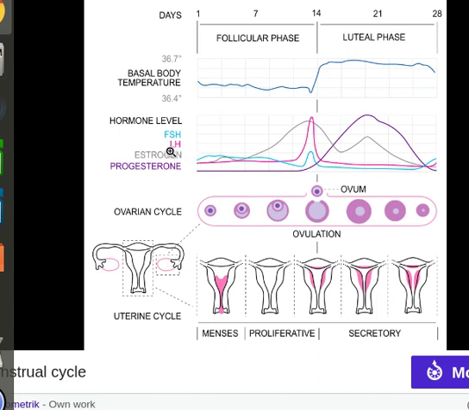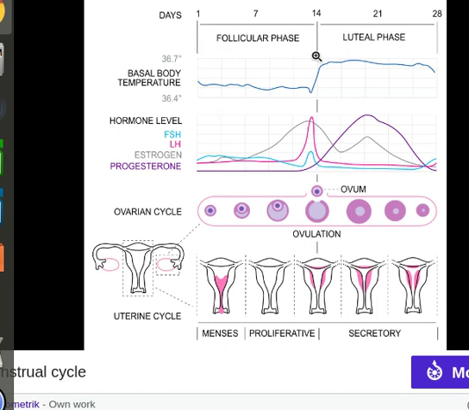So now let's go over to LH. What does this stand for? Luteinizing hormone. And LH stimulates what? Yes, the release of an egg. You remember FSH and LH, these are the two that we need at the beginning of the first cycle. What is the first cycle called? The follicular phase.